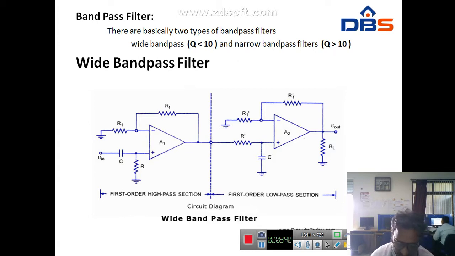There is no set dividing line between the two. We define a filter as a wide band pass if its figure of merit, or quality factor Q, is less than 10. Otherwise, if the quality factor is higher, we call it a narrow band filter.